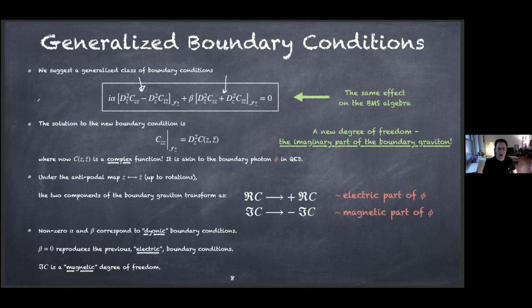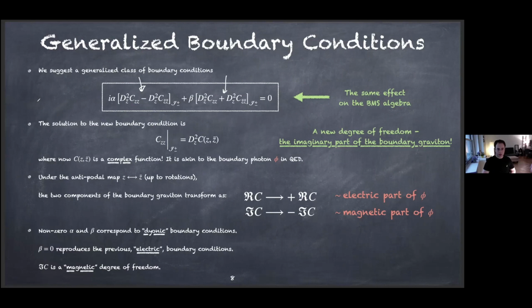Now, the claim is that this generalized boundary condition solves the same problem that Compère, Mitra, and Strominger addressed, in a similar way. It solves the same problem of the consistency of the BMS algebra and its action on the phase space.